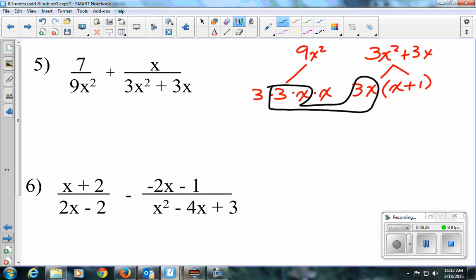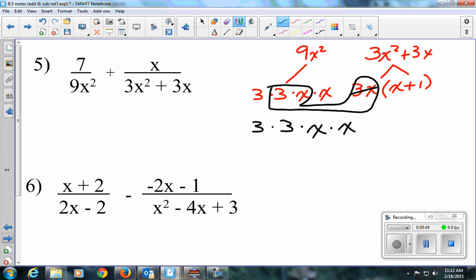Okay, so let's write down the factors that we've got. 3 times 3 times x times x. Now the only thing that, and if it helps, you can kind of cross out that second one so you know I only use this 3x one time.